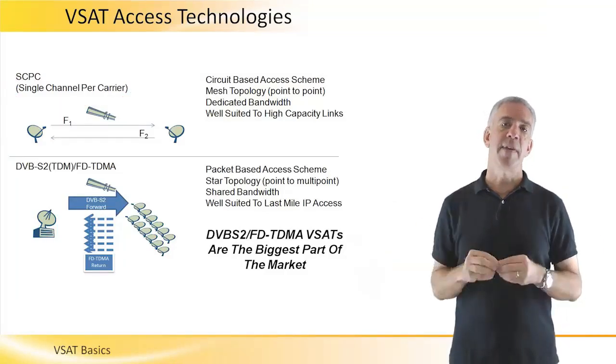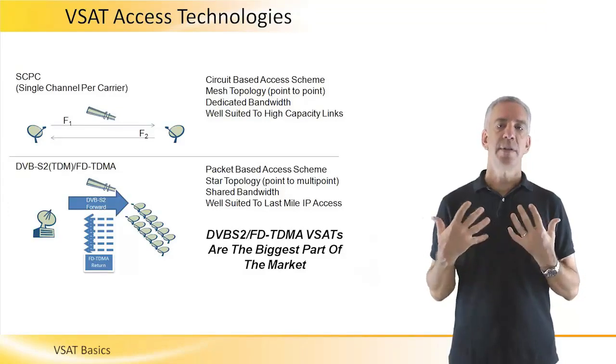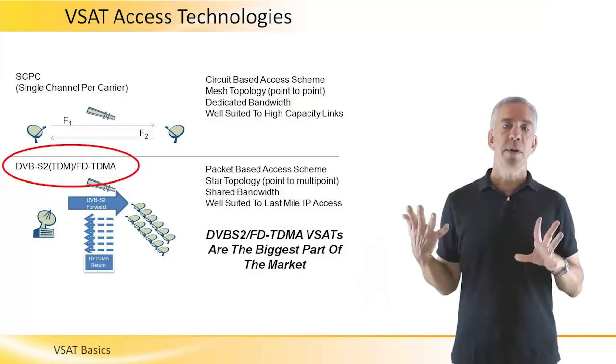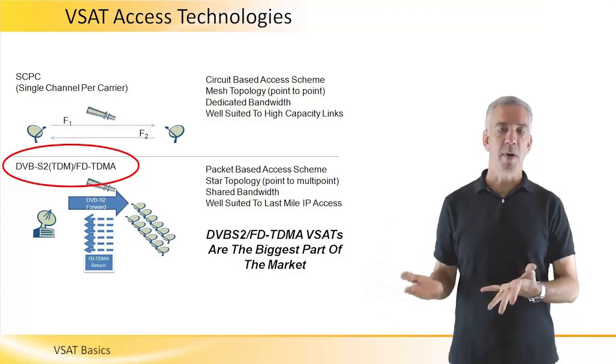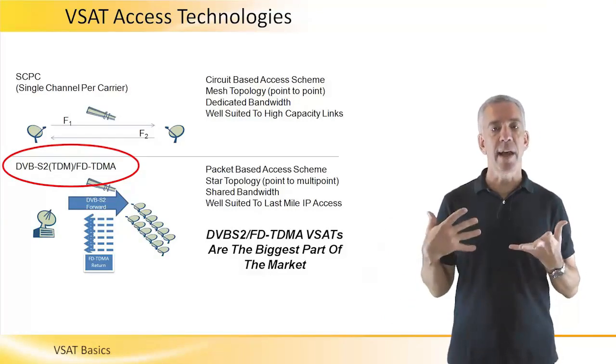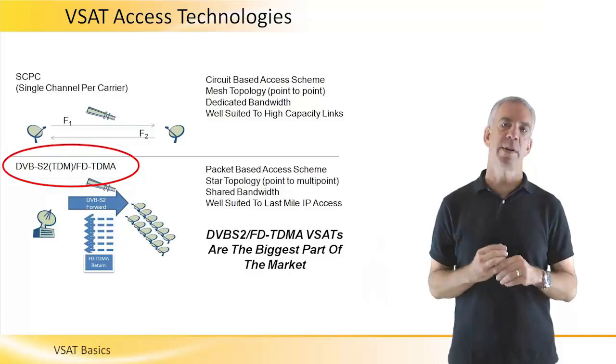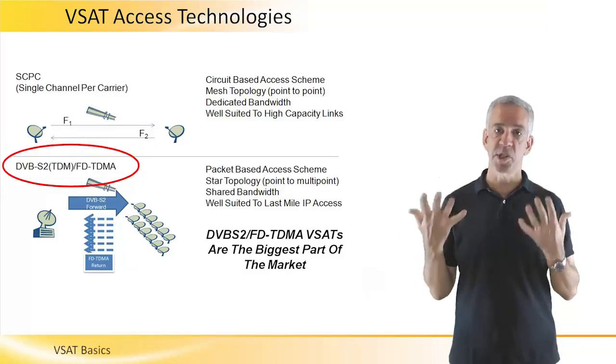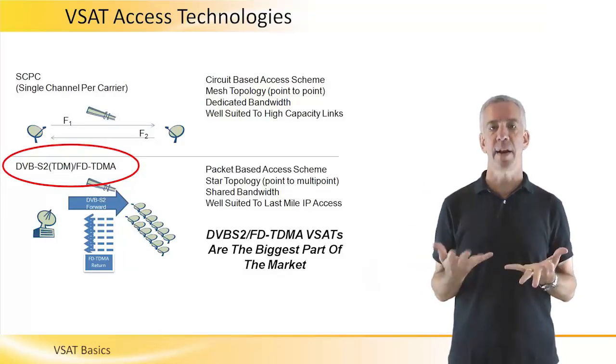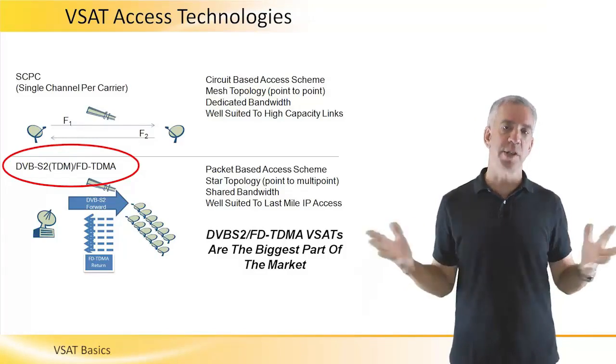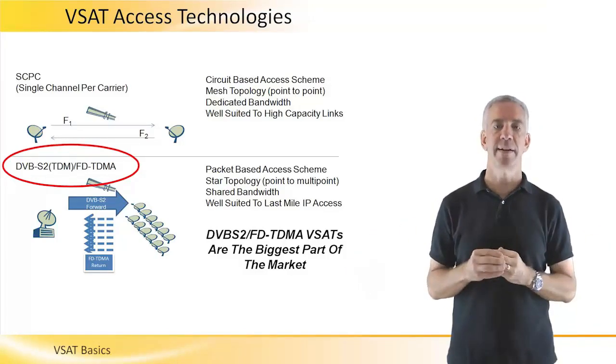The other type of access technology is the DVB-S2 TDMA. Sometimes people call it TDM-TDMA. This is a point-to-multipoint or star access technology. This is the largest portion of the VSAT technology.